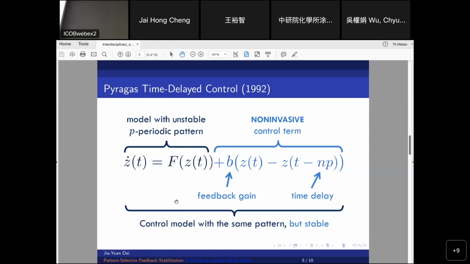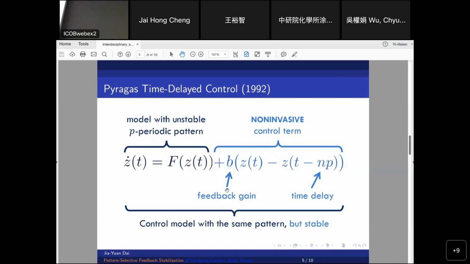You cannot see it. Now, Pyragas in 1992 had a very clever idea. He introduced this term, which is a control term. It's non-invasive. Why? Because here you see the time delay, and the time delay is a multiple of the period. So if you substitute this p-periodic pattern, then this control term disappears.